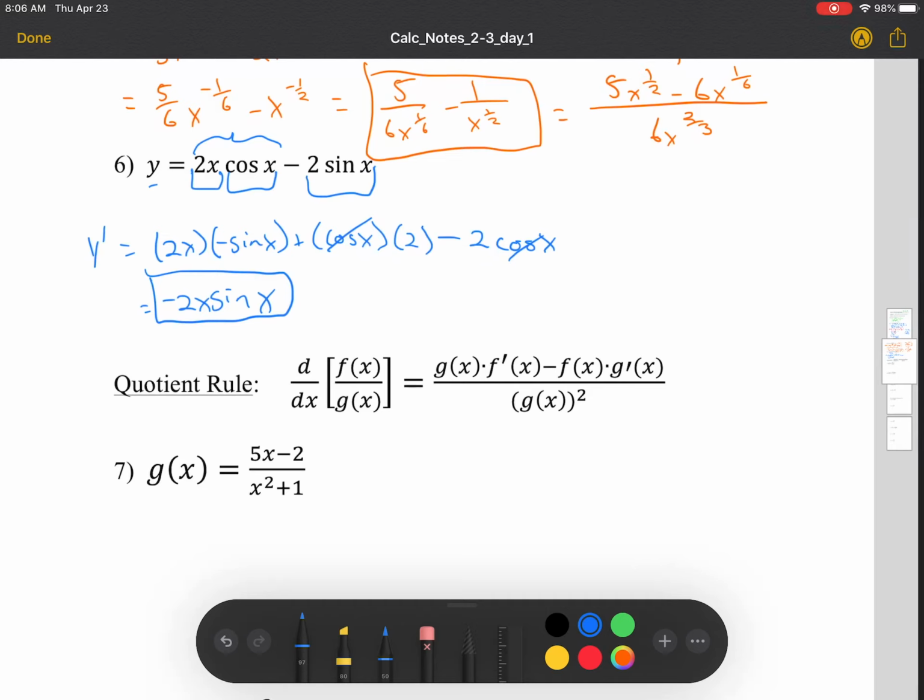If we had to take the derivative again, then we would use these two functions, but we're going to leave it like that. Okay.